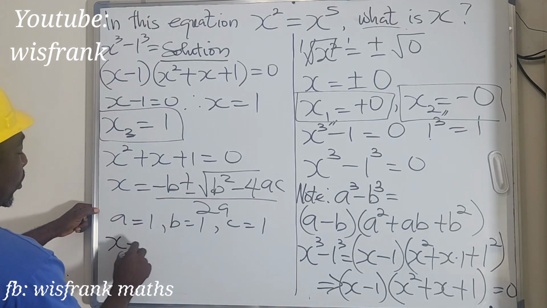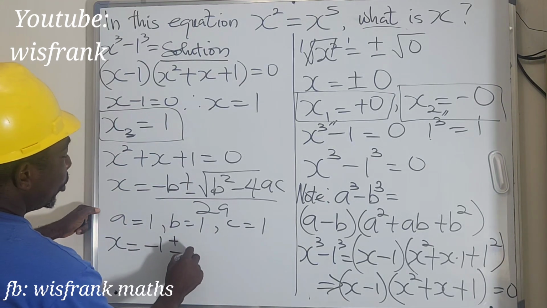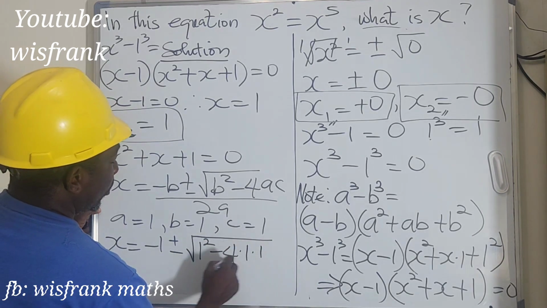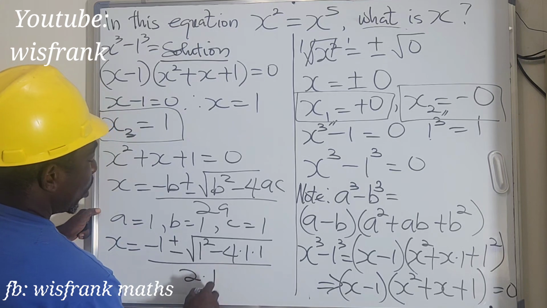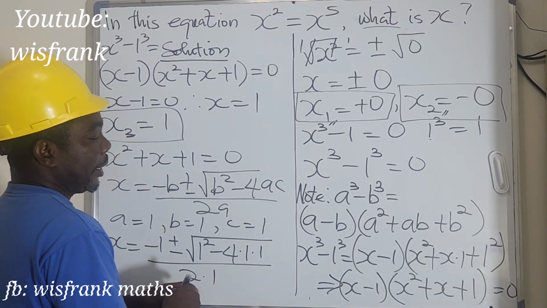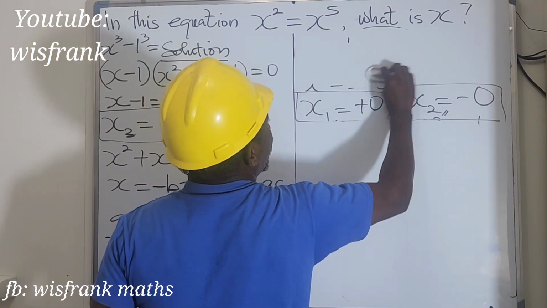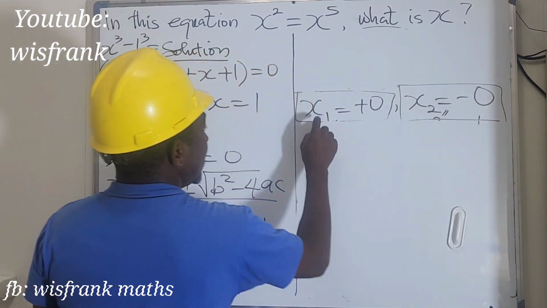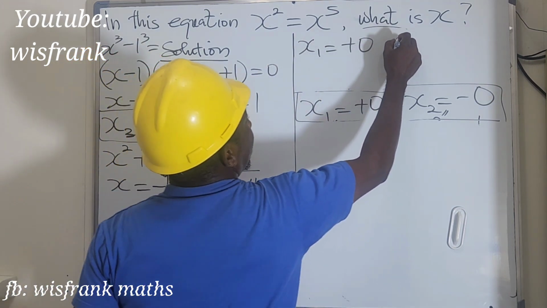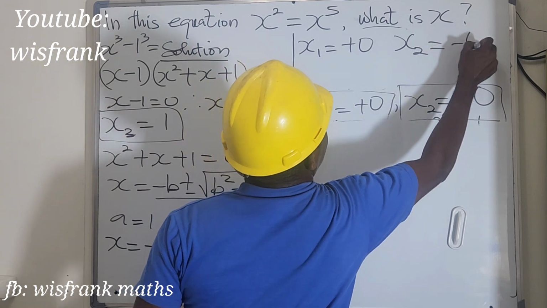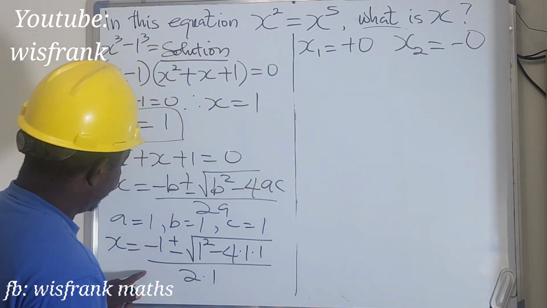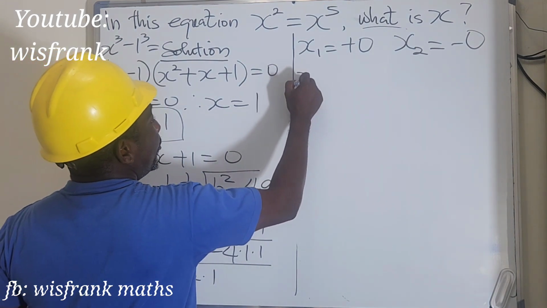So we are going to substitute this into where we have this. So we have x equals minus 1 plus or minus square root of 1 squared minus 4 times 1 times 1 all over 2 times 1. So this is what we have. Before we clean this, let us write here we have x1 equals plus 0, then our x2 equals minus 0.